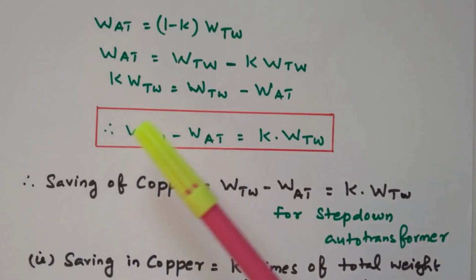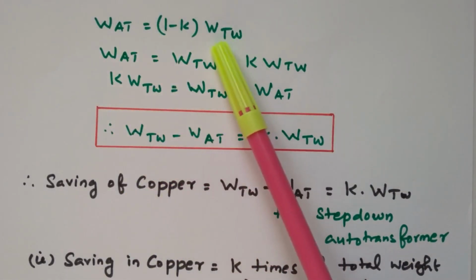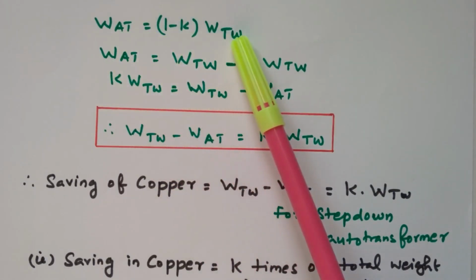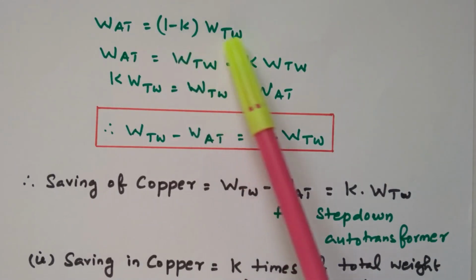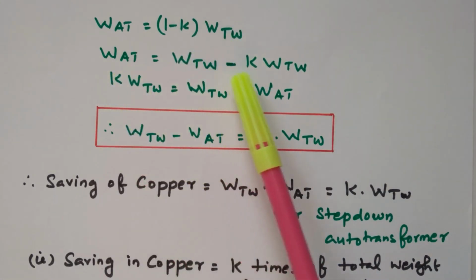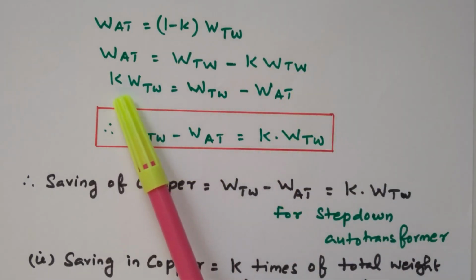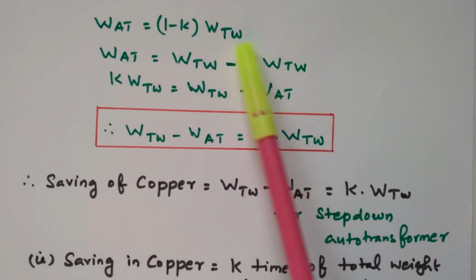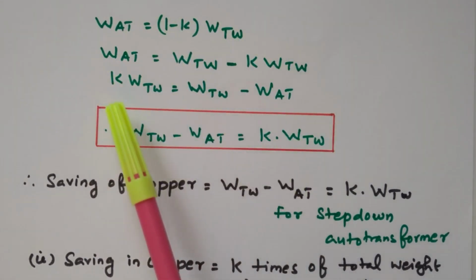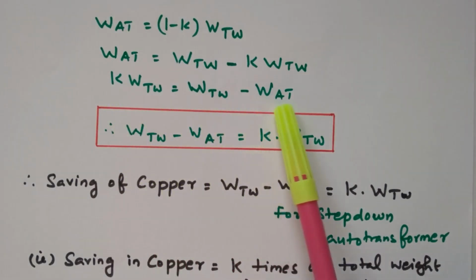By cross multiplying we get WAT equals (1 − K) into WTW, the weight of the auto transformer equals (1 − K) times the weight of the two winding transformer. Now, we will multiply inside: WAT equals WTW minus K into WTW. So, this K WTW term is brought to the left hand side and WAT to the right hand side, so that K WTW equals WTW minus WAT.